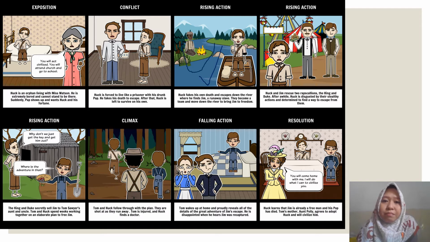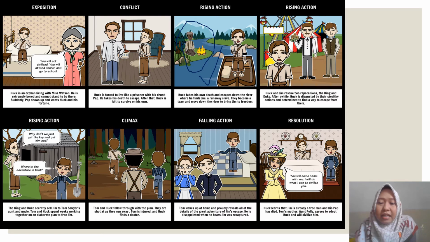This is Jim. Jim is one of the slaves owned by Mrs. Watson. It means that Finn recognized this slave before. So Finn asks Jim, why are you here? Are you escaping from someone?